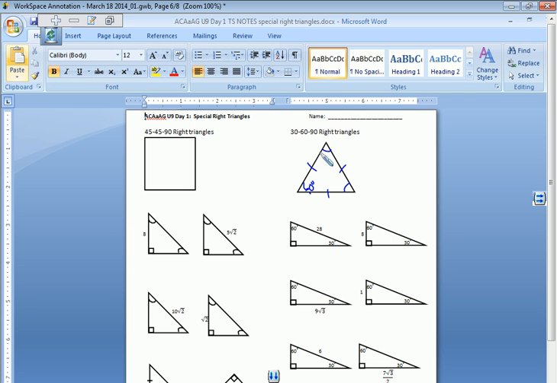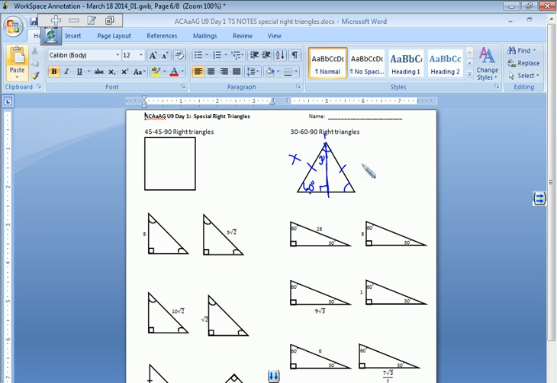Okay, so to create a 30, 60, 90, I'm going to drop down a perpendicular right here. Because now I've created, if this is 90, what does it leave right here? 30. I didn't just drop down a perpendicular, I actually dropped down a perpendicular bisector.